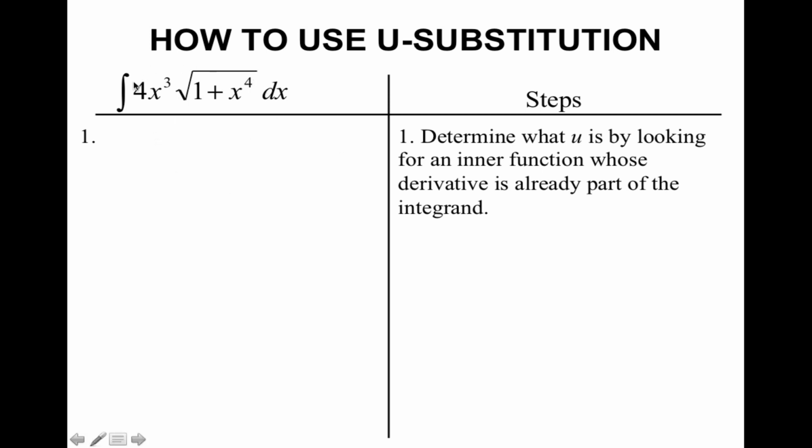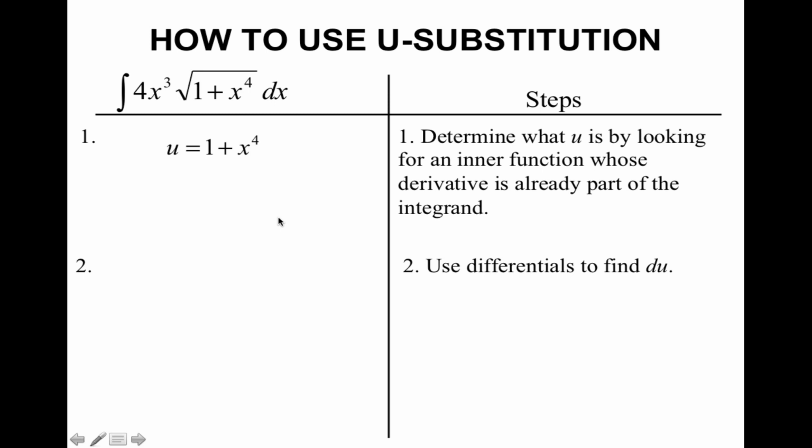Looking at the integrand, we have 4x cubed times a square root function, where the square root function is in terms of another function, and that inner function is 1 plus x to the fourth. If I take the derivative of this inner function, 1 plus x to the fourth, wouldn't I get 4x cubed? So I'm going to let u equal 1 plus x to the fourth.